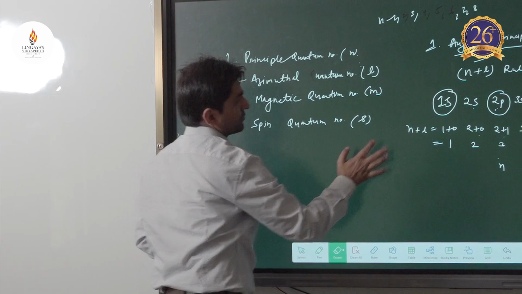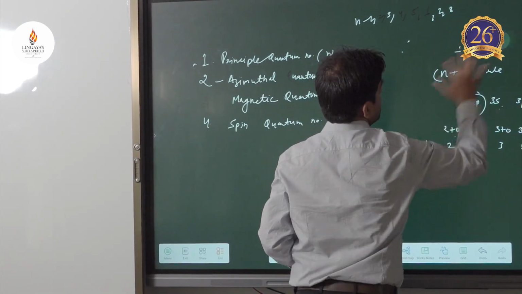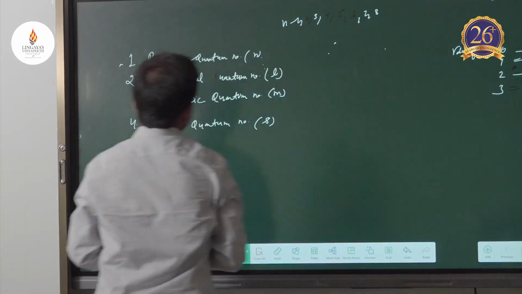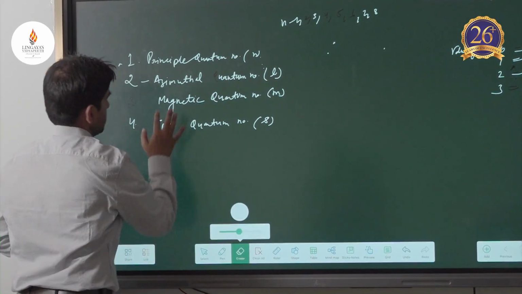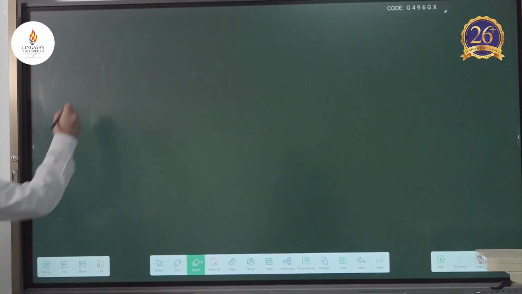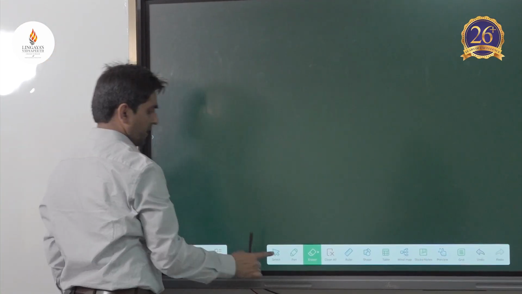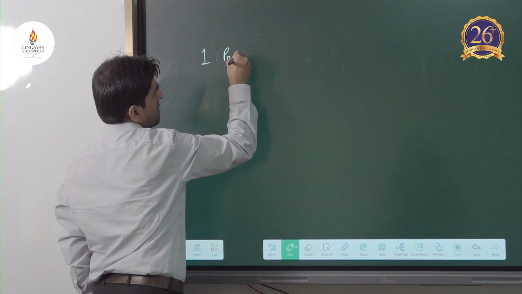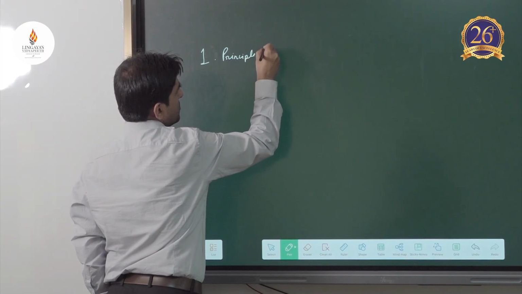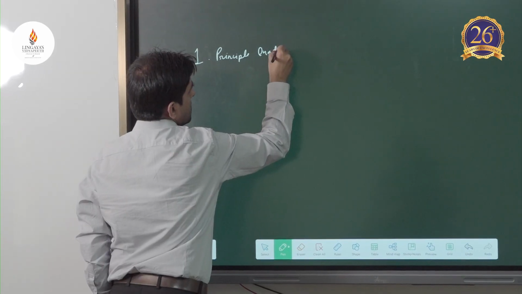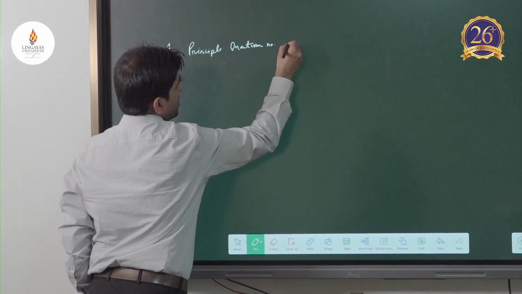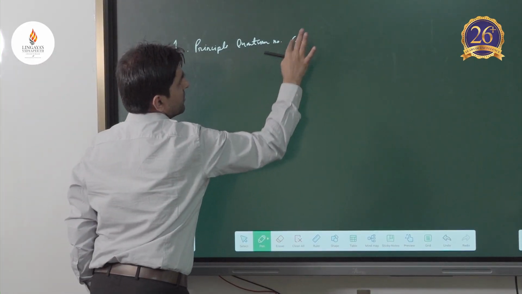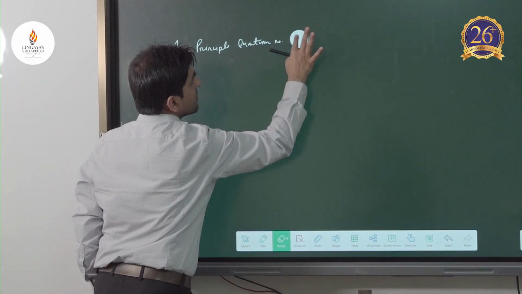Likewise, actually, if we discuss in detail about the principal quantum number, so first quantum number is principal quantum number, denoted by n.